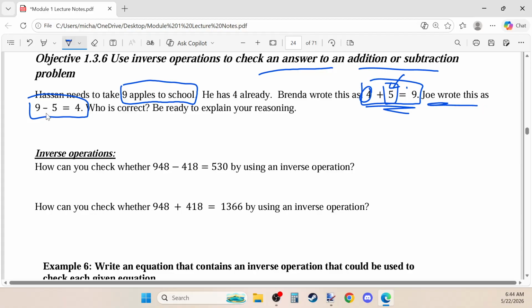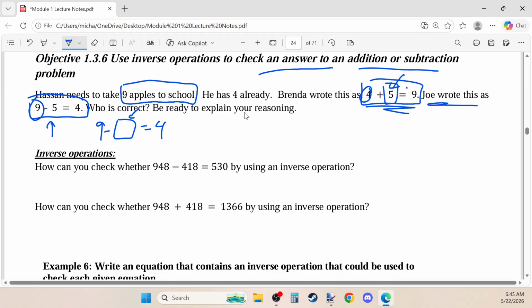Same thing here. We have 9. Oh, this is an interesting way of writing it. That's kind of funny. So with this one, 9 minus something equals the 4 apples that Hassan already has, and we still fill in the blank.